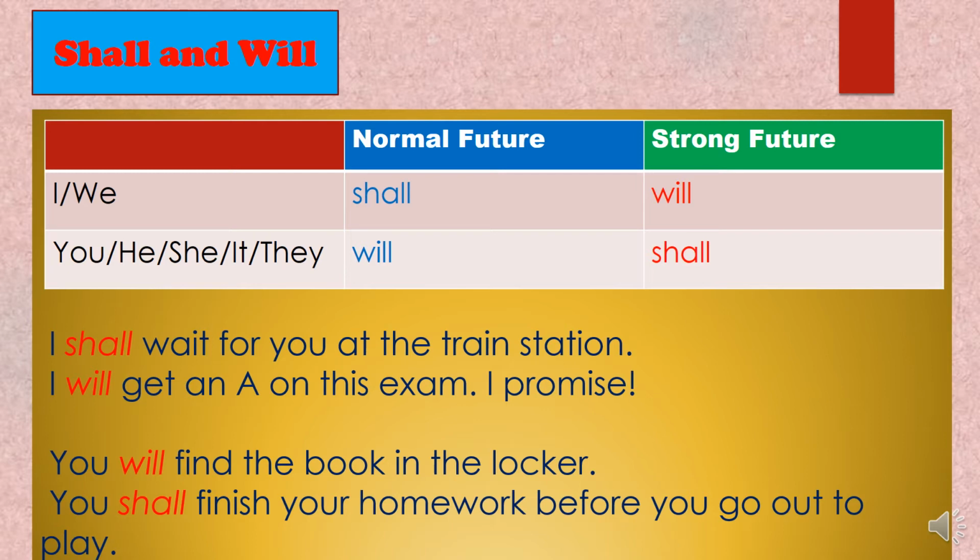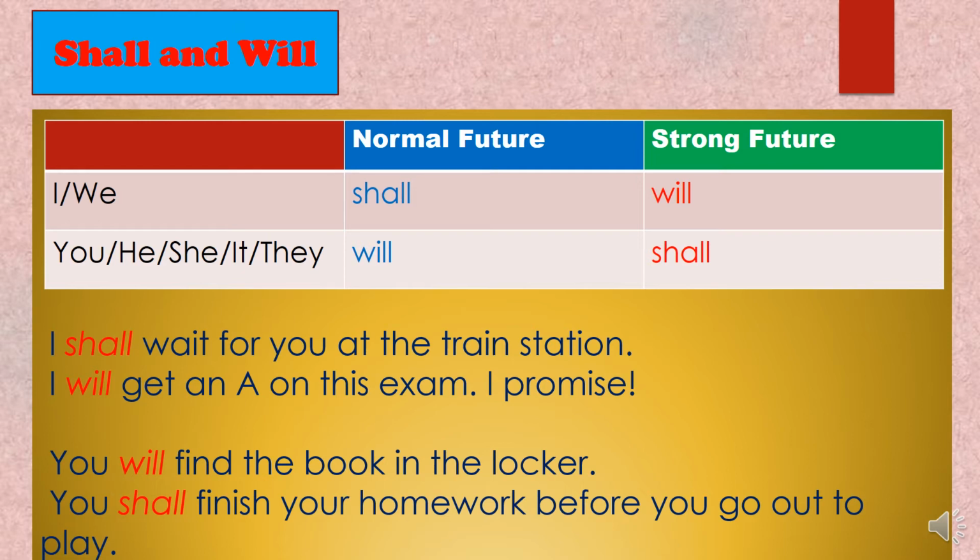But if the situation is in strong future, when you're determined about something, when you're making a promise, you will use will with the first person. Example, I will get an A on this exam. Now see the situation for the second and third persons. You, he, she, it, they: the second person you, the third person he.